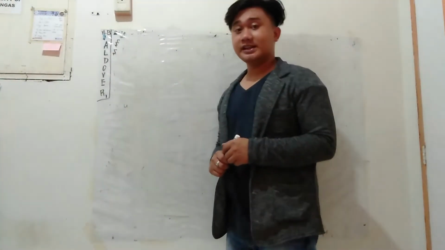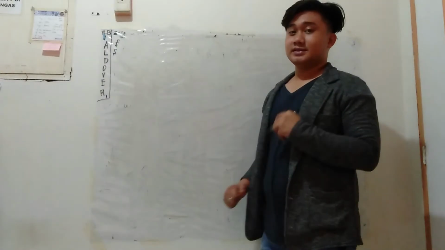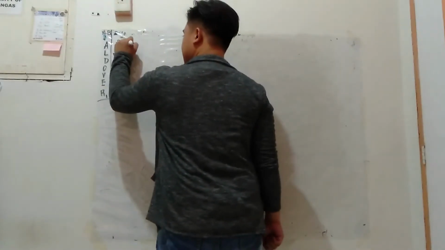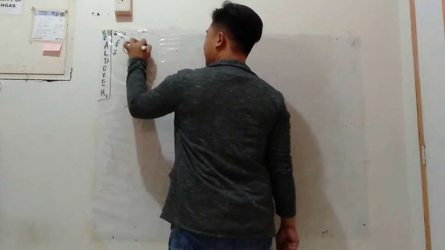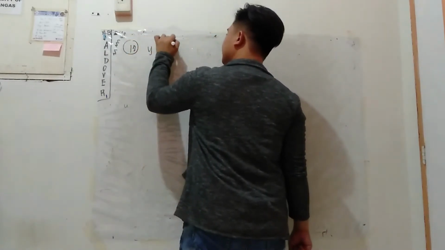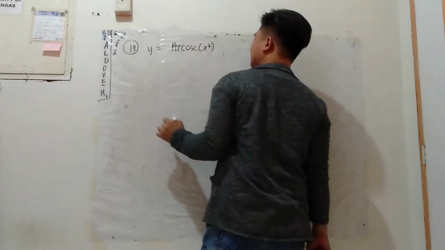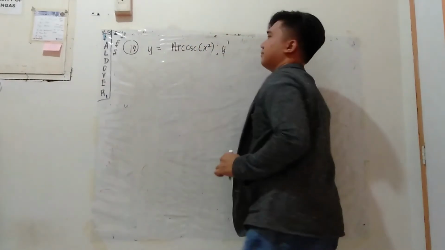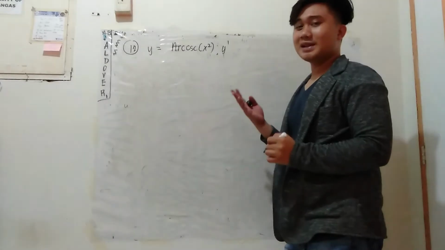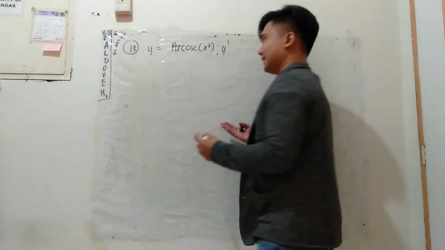Okay, so we're down to the last example, which is the easiest. Given that y is equal to arc cosecant of x squared, find y prime. So, it's just the formula. Let's recall if we still know it.